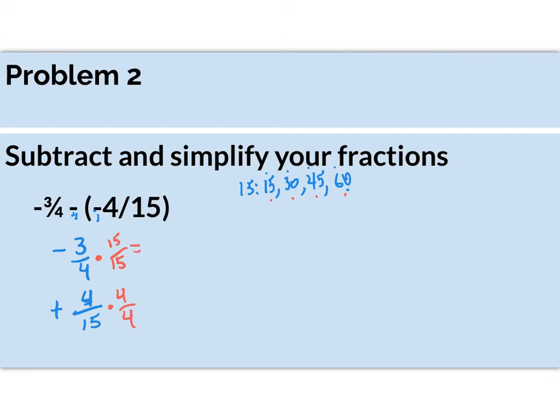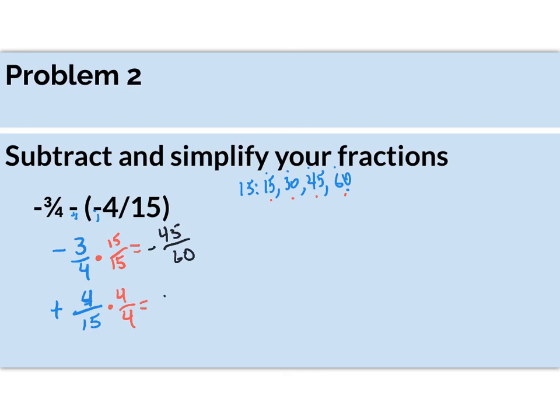And this may look confusing, but you're treating each fraction separately. The 15 over 15 goes with the 3/4, and the 4 over 4 goes with the 4/15. So our new numbers are 3 times 15 is 45, 4 times 15 is 60.